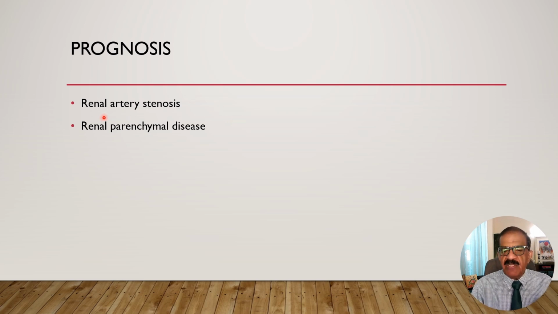But if somebody has renal artery stenosis, that person may actually be cured by some therapeutic intervention. Renal parenchymal disease, because the kidneys are extremely essential, would also increase the mortality and morbidity. So the prognosis, of course, is not very good, but it can definitely improve with treatment, which I'm going to talk about shortly.